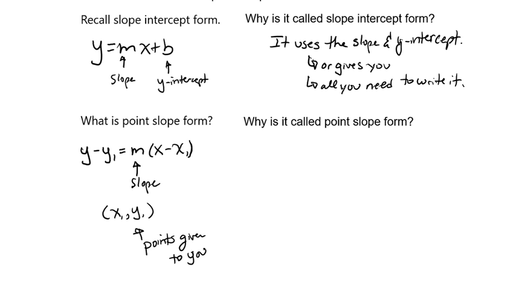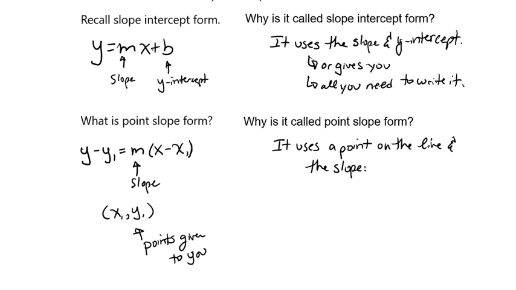It's called point-slope form because it uses a point and the slope. And that point is a point on the line. So a point on the line and the slope.